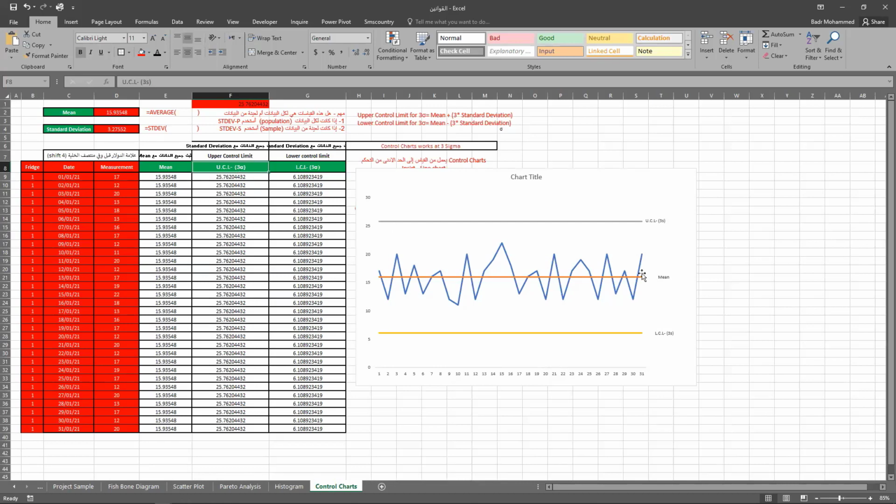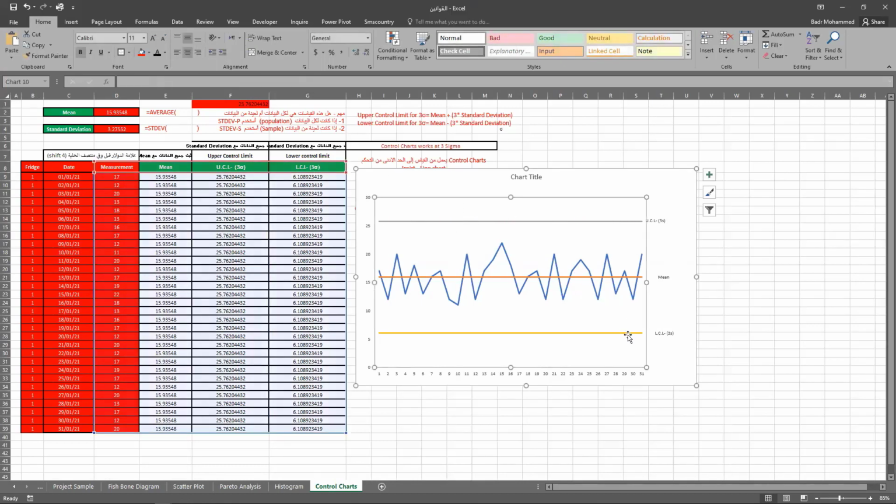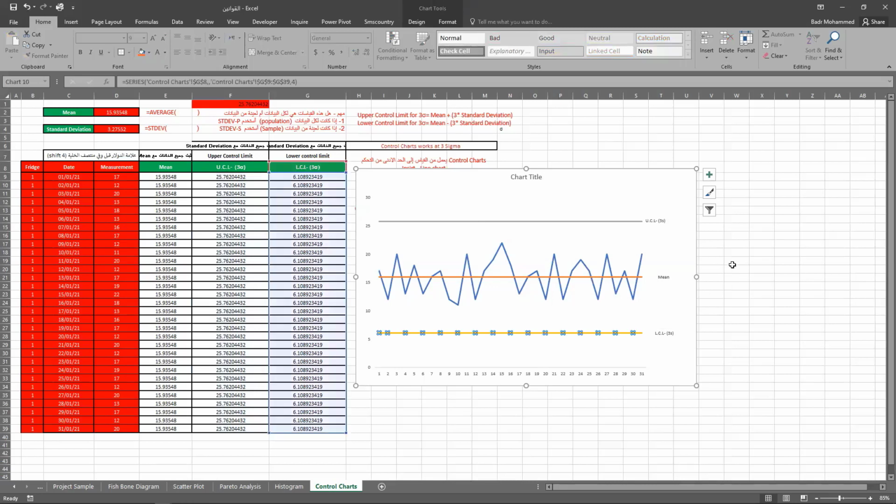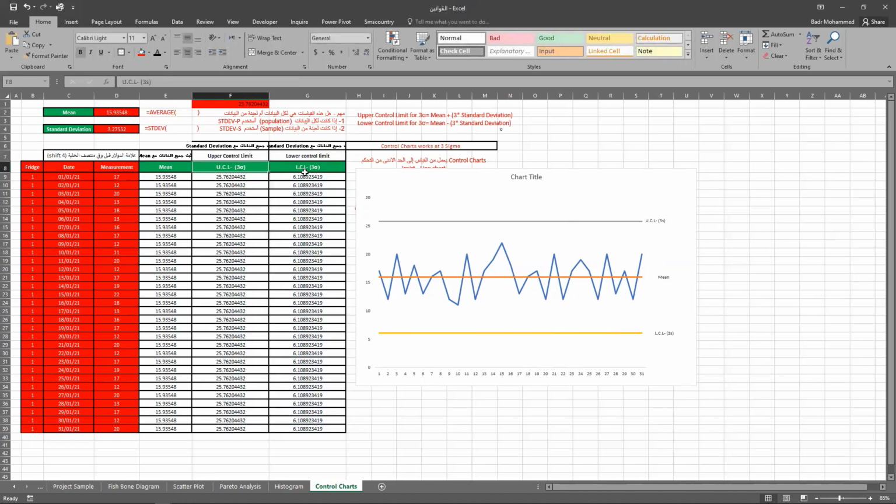UCL represents the upper control limit, and LCL represents the lower control limit. So your data has to be within these two lines, between the UCL and the LCL. How will we calculate the mean, the UCL, and the LCL if we have only the temperature for the whole month?